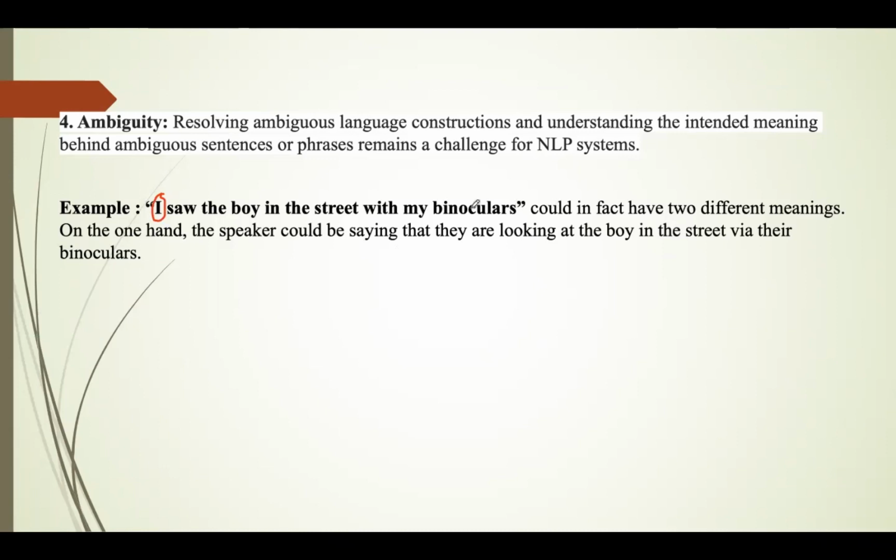In the second interpretation, the speaker could be saying that they are viewing a boy walking in the street who is physically holding the speaker's binoculars. So in the second interpretation, the boy is holding binoculars. Ambiguity can also cause various issues for speech to text applications and chatbots. So we already saw different types of ambiguities.